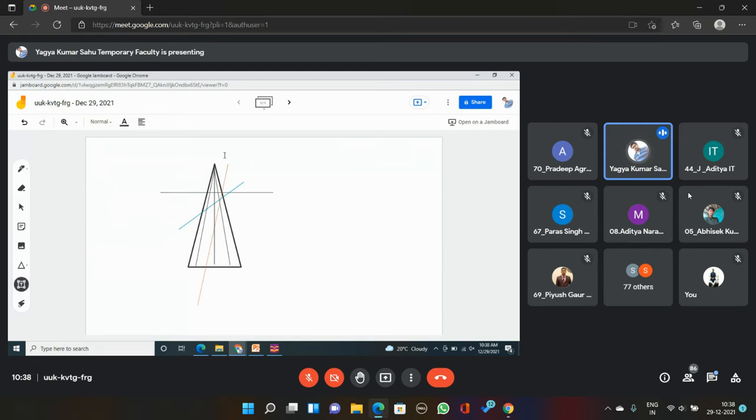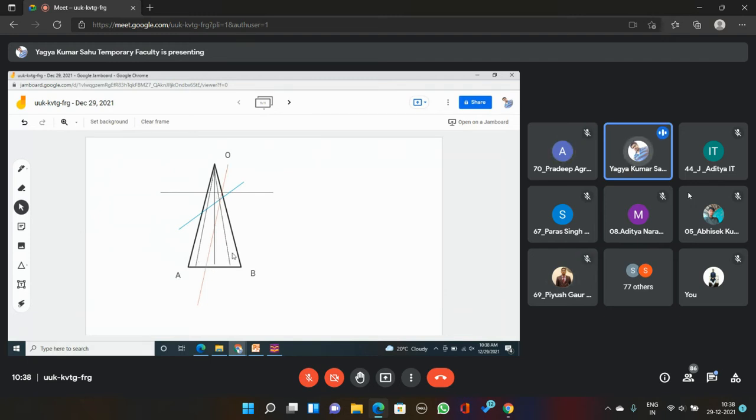Suppose this is your O. This is the apex. And what about OA and OB? OA, OB are end generators and these are intermediate generators. Are you getting this?